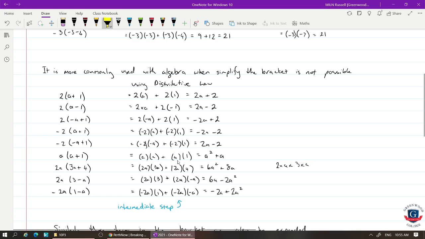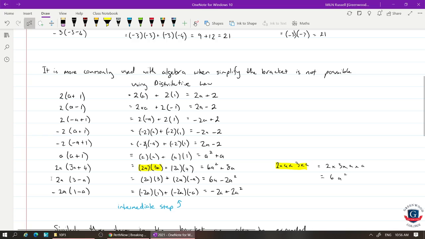That's this part here. And if we rearrange that, we would get 2 times 3 times a times a, which is 6a squared. Definitely not 5a squared. So if we take 2a times 3a, we get this. 2a times 4, don't forget the second part of the bracket, that becomes 8a.